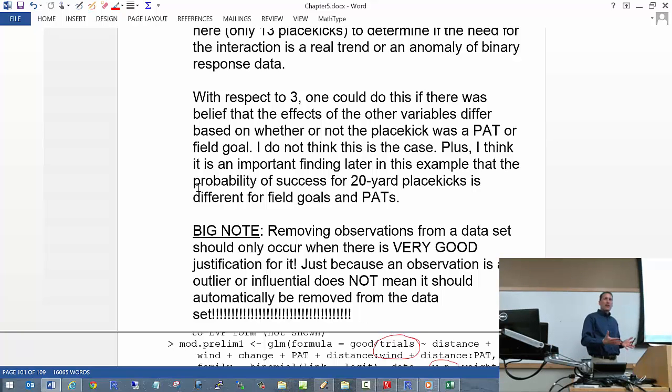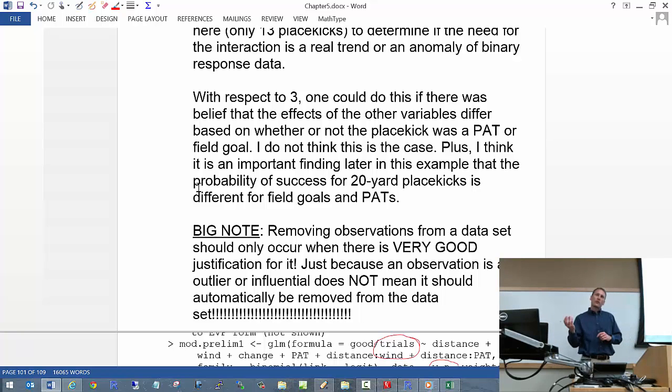I don't. I think PATs and field goals are very, very similar to one another. I mean, the same process is being used. You're hiking the ball from the center. You're still trying to kick it through the uprights. The defense is trying to block it. They might not be trying to block it as much for a PAT as for a field goal.